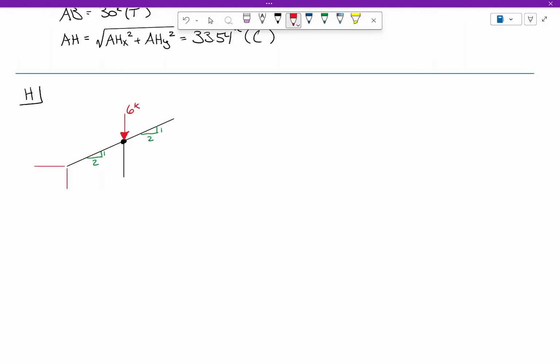Okay, so is this member tension or compression? Compression. Okay, so how do I draw the arrows? Up and to the right. Up and to the right, okay? And this vertical one, what was this component? 15 kips. 15, and this one was? 30. 30.